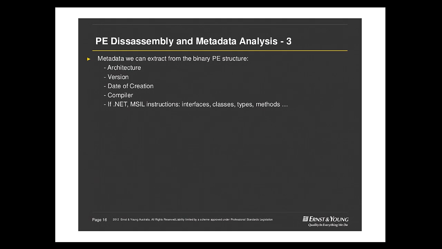And if .NET is used, because it uses an internal XML structure to define itself, it may contain even the interfaces and external classes that you can use from within another application when calling it. So you can even reconstruct the map of the different variables and functions from a .NET application through a process called reflection.